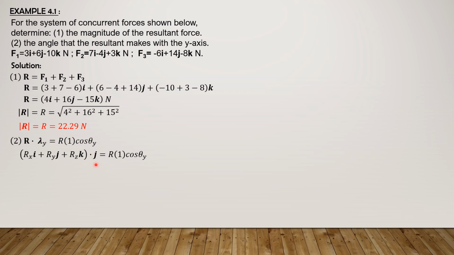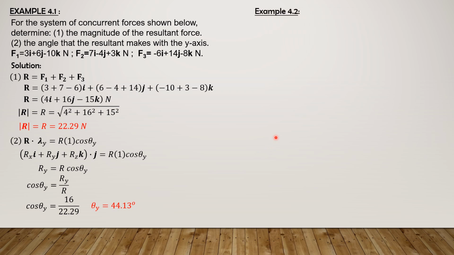But remember that the only defined dot product here is j dot j. The rest would be 0. So Ry j dot j is Ry. And it is equal to R times 1 cosine of theta y, or R cosine theta y. So cosine theta y therefore is Ry over R. Substituting the value of Ry and R, then we get theta y equals 44.30 degrees.